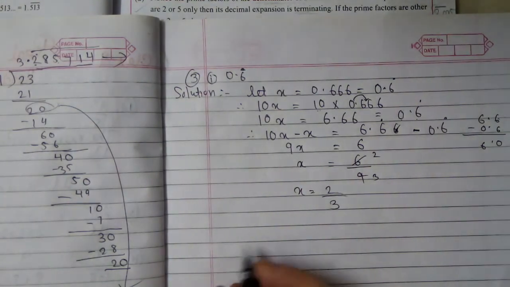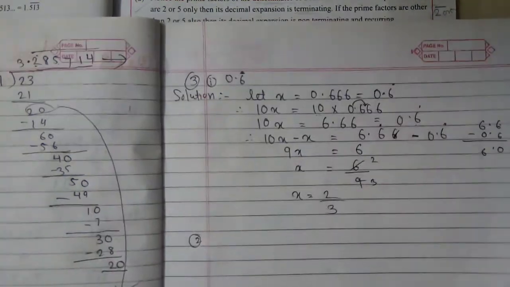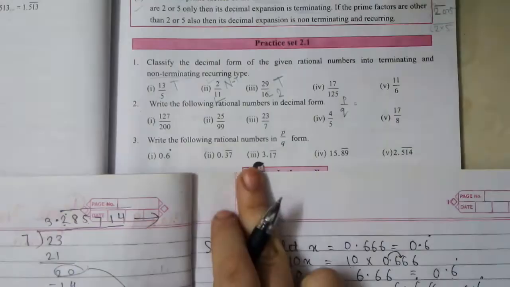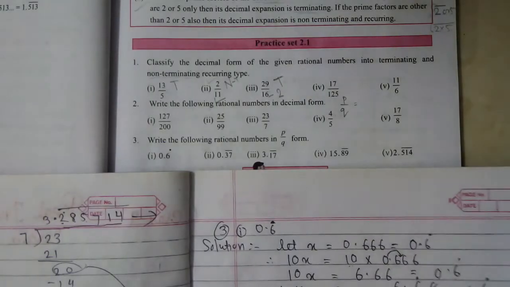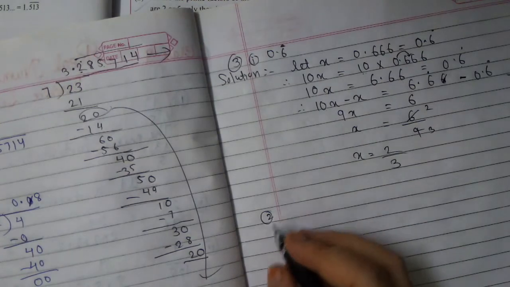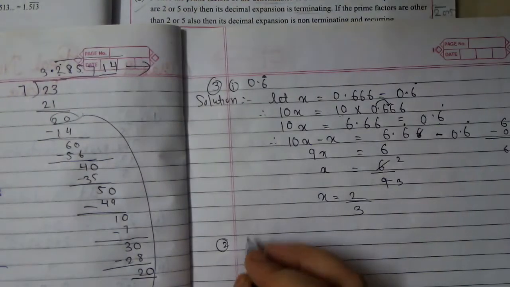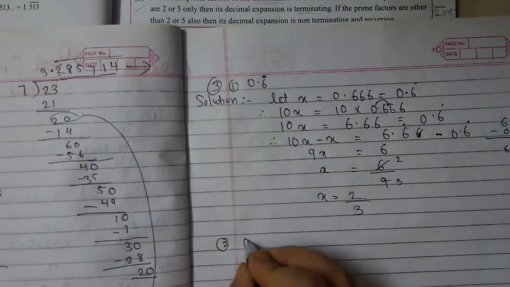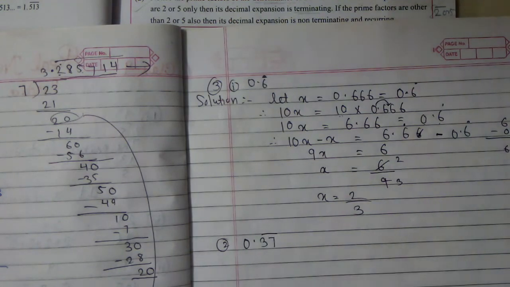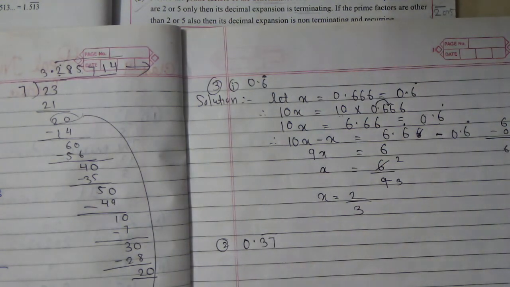Now let's do question number 2, which is 0.37 bar. After the decimal, how many digits are repeating? Two digits are repeating, 3 and 7. So this number can be multiplied by 100.